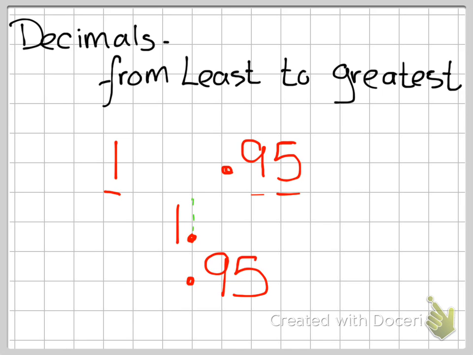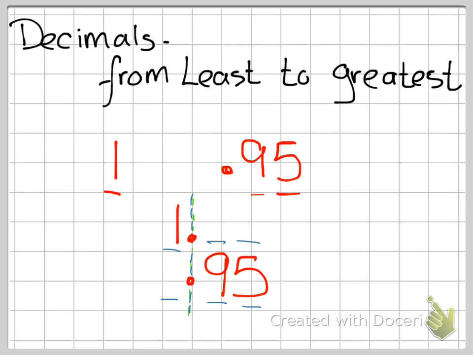Having these decimals lined up is really important because it tells us what the place values are. So we can compare the right place value to the right place value, right? So put those decimals right there, and that lets us know that we're comparing the ones place to the ones place, the tenths place to the tenths place, the hundredths place to the hundredths place.